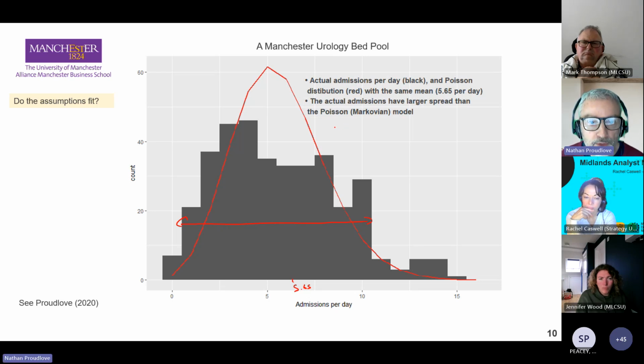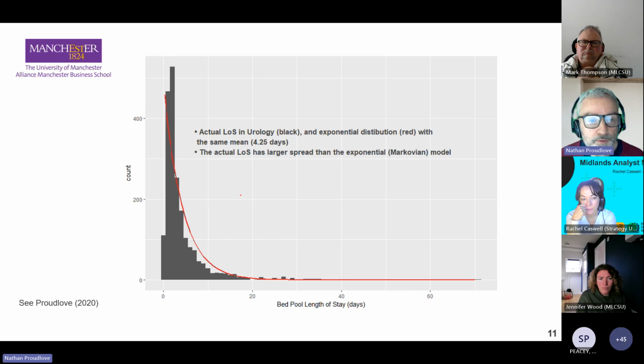We can do the same thing for the length of stays, again in urology, with the actual length of stays in gray and then a fitted exponential, because we're in the real-time world here. Both of them have the average of 4.25. So visually we can say it fits a bit, but it's not great. And again, the distribution of the real data is wider.